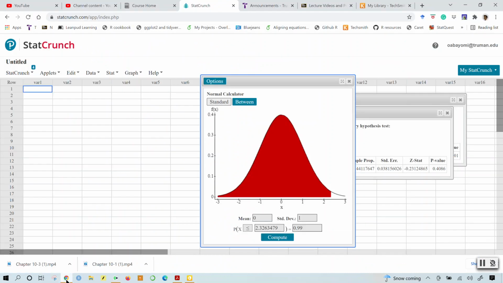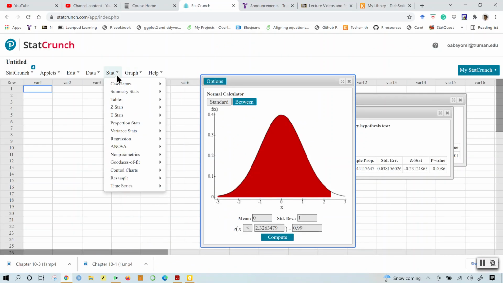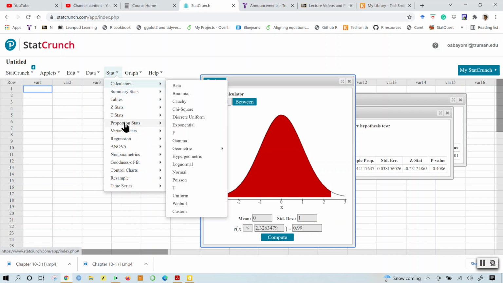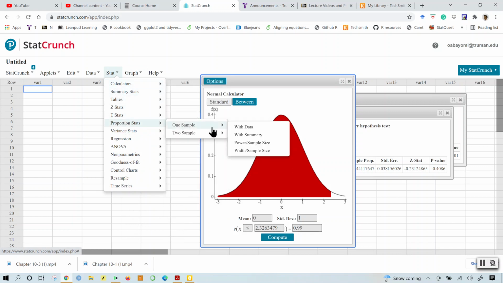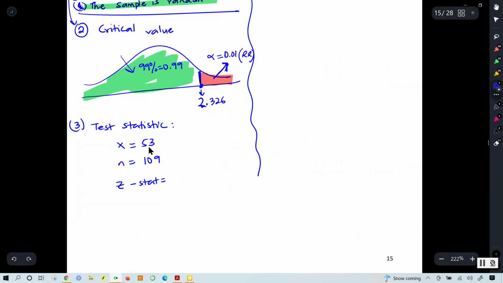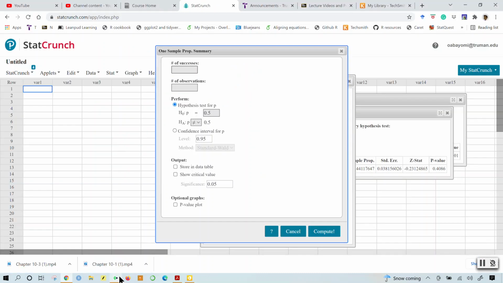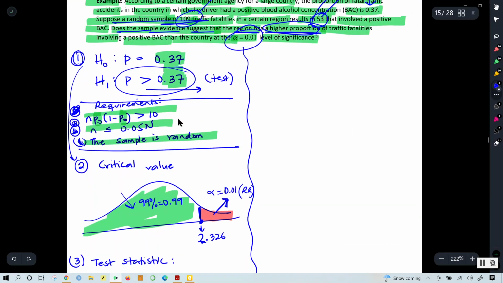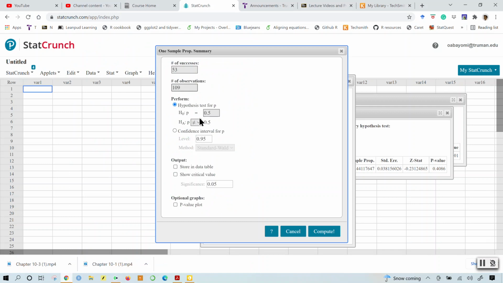Taking that to StatCrunch, I can go to proportion stats, one sample with data. And in this case, it is time to key in my 53 out of 109. So I go here, 53 out of 109. And the hypothesized value of the proportion is 0.37, and this must be greater than. So let me make those adjustments.